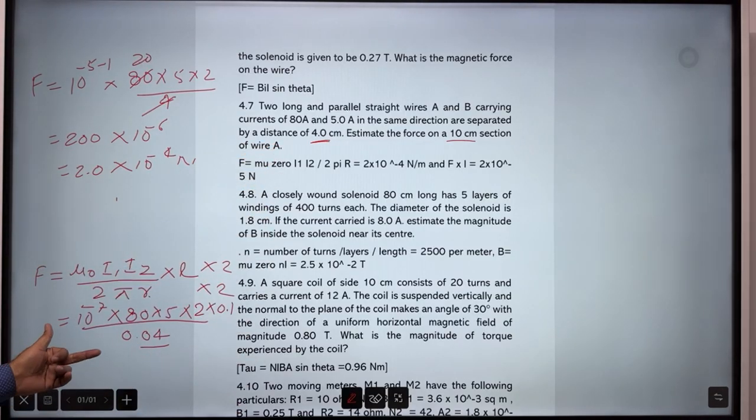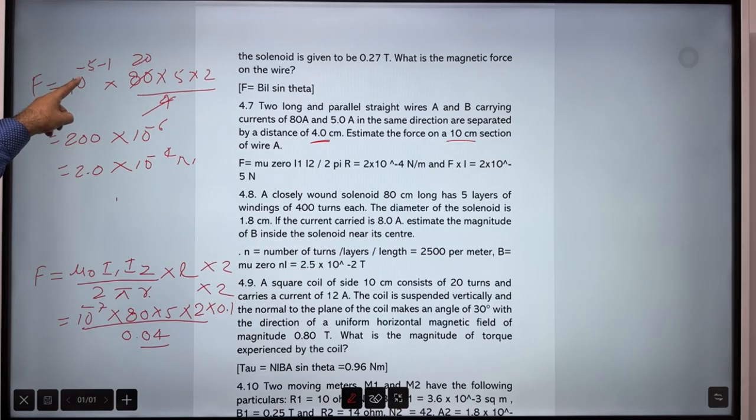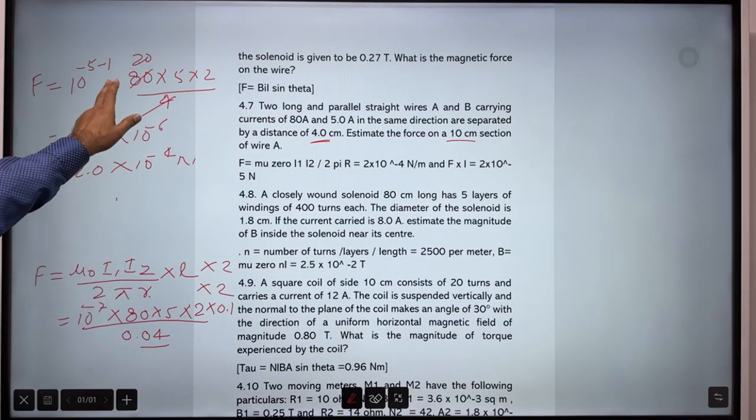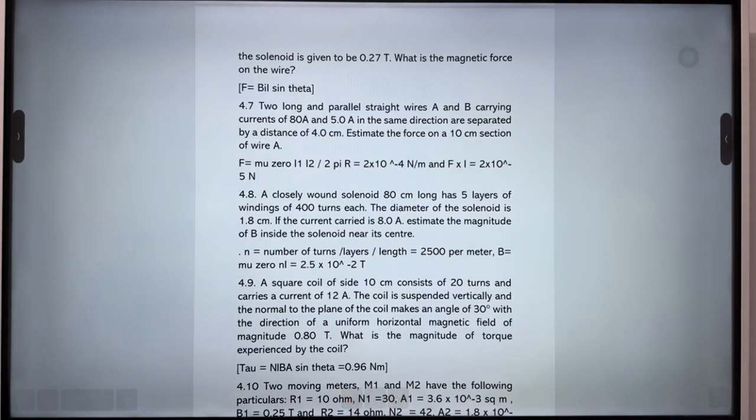This is correct. Now what we have done: here the power is reduced by 2, so that is why minus 5. Here the power is reduced by 1 further, so it is minus 6, and then the numbers left are 80 into 5 into 2 divided by 4, 20 times, so 20 into 5 is 100, 200, 200 to the power minus 6, so it's correct.